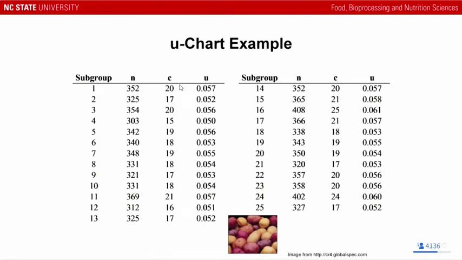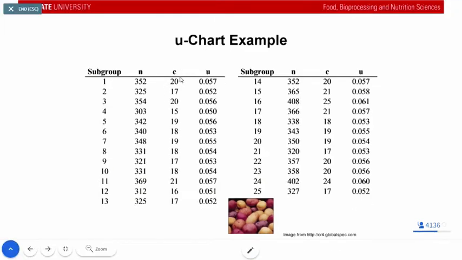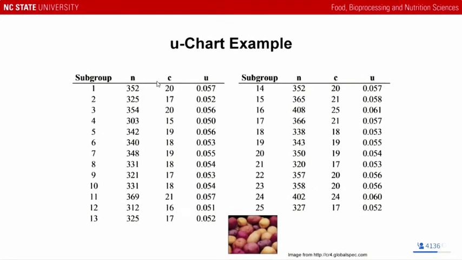So here we're saying this could be 10 potatoes each with 2 nonconformities. They might have a bruise and a scrape. Or it could be 5 potatoes each with 4 nonconformities. See where I'm going with that?